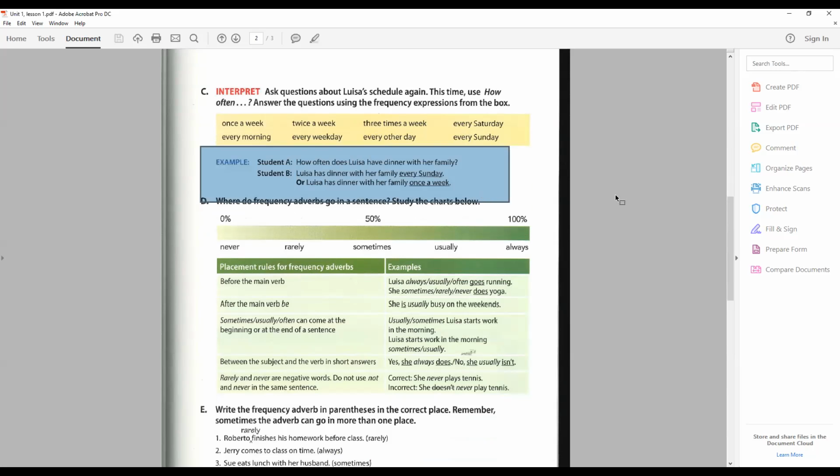Okay, so here's where you're going to give me 3 more examples. It's the same thing, but this time you're going to use how often, and you're going to use a frequency expression.